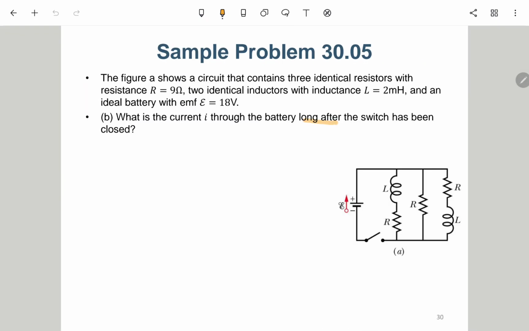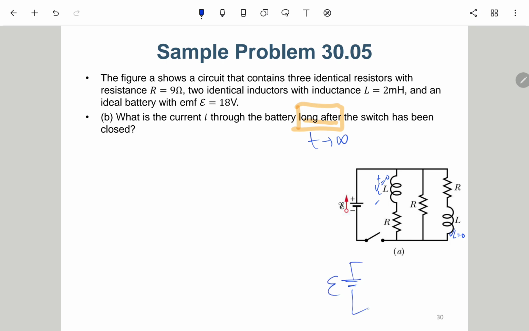So when you consider the current I through the battery long after, which means t is very large, or t tends to infinity, you consider the voltage across this to be 0. This V_L will be 0. So you can regard it like this.